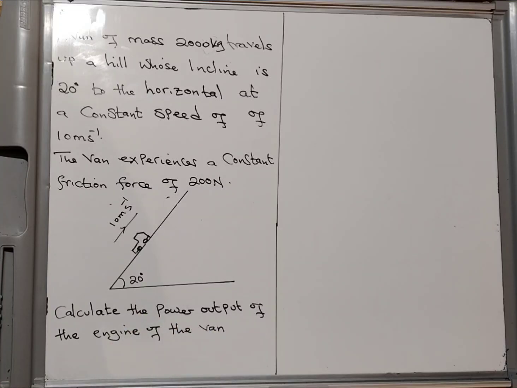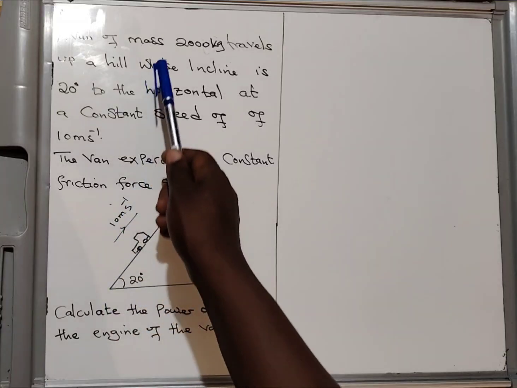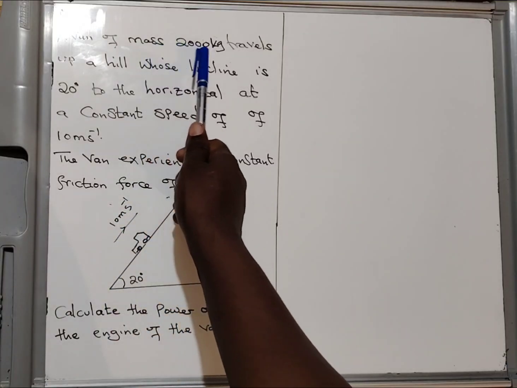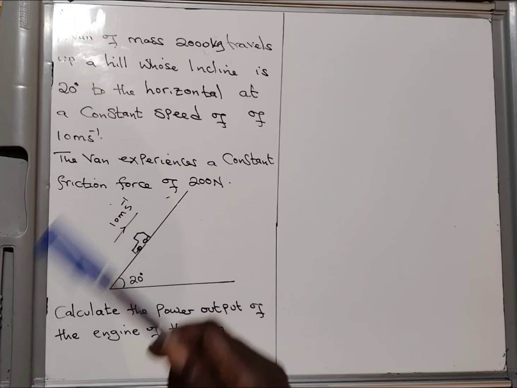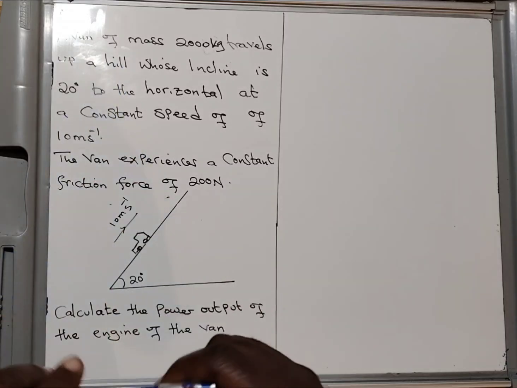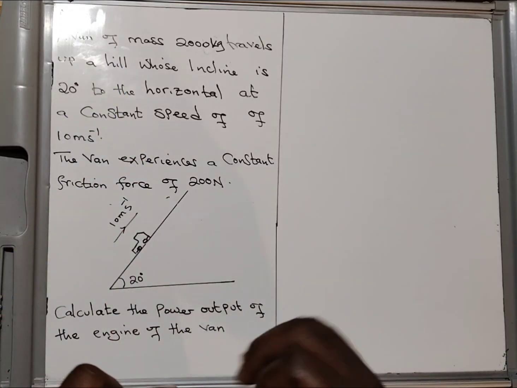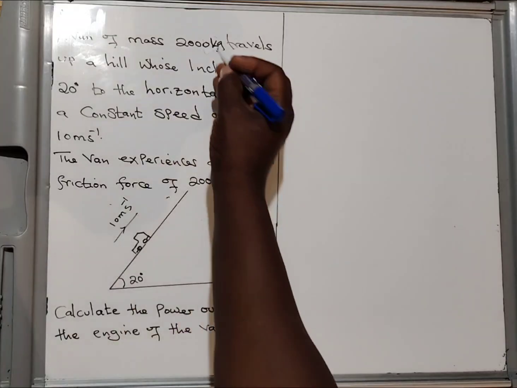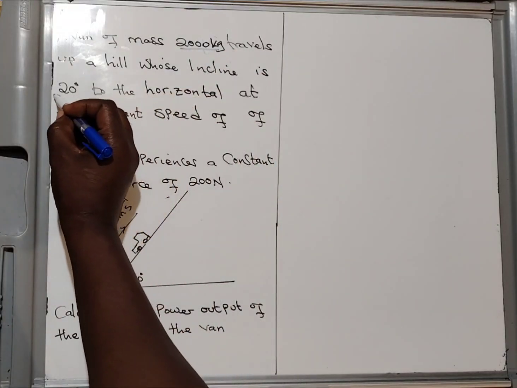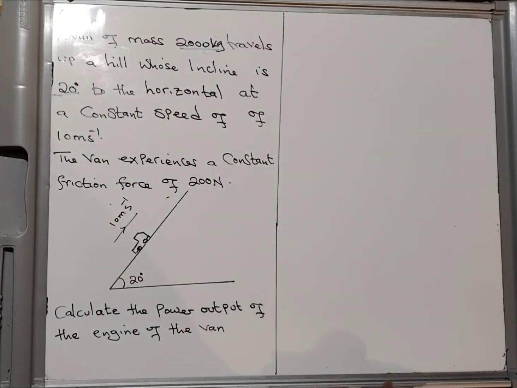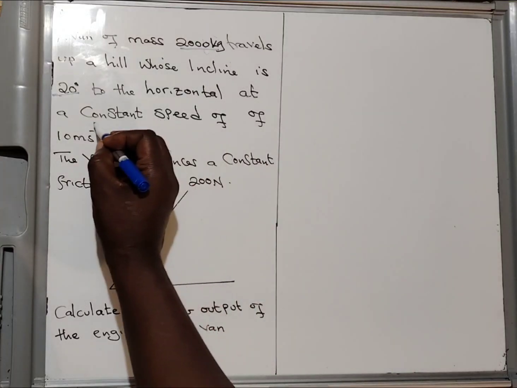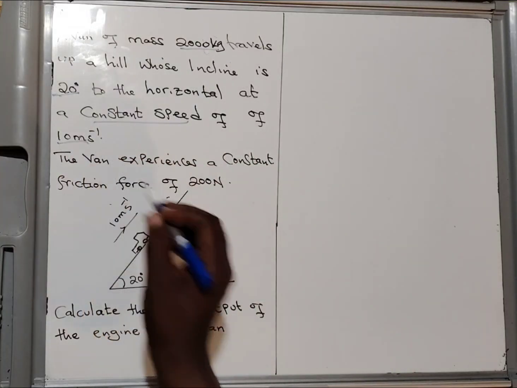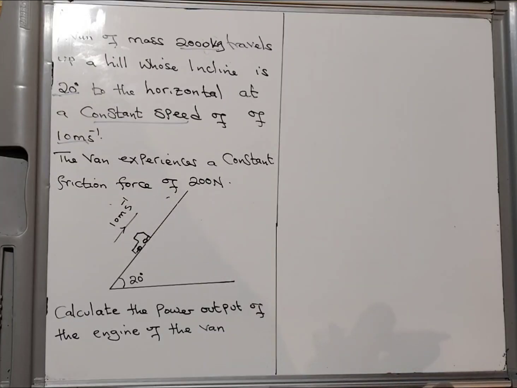So what we are having here is a case. We are having a van of mass 2000 kg traveling up a hill, inclined at that. So we have the mass there, you have the angle of inclination, and the speed is constant and is 10 meters per second.